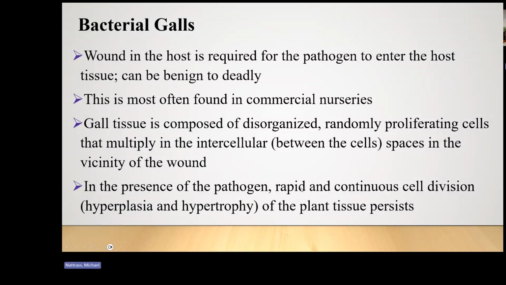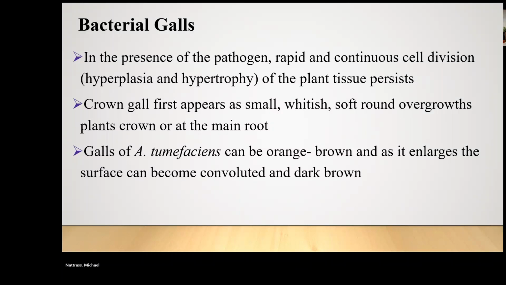Remember that we can have rapid and continuous cell division and that very quickly that bacteria is going to multiply and spread and degrade that cell wall. So that crown gall is going to be small, white, soft, and round.